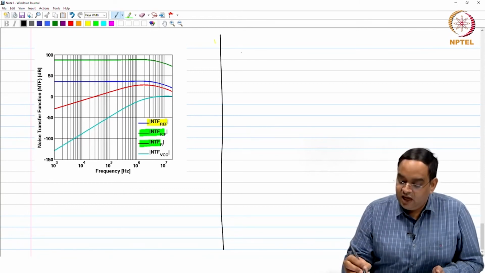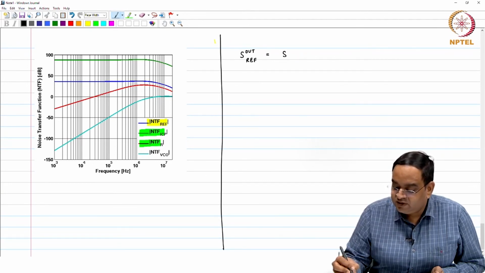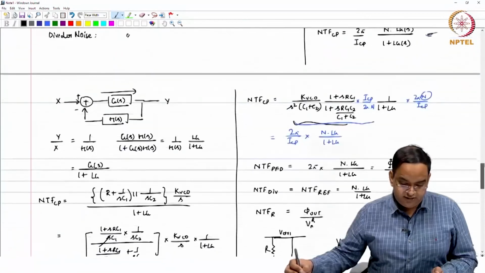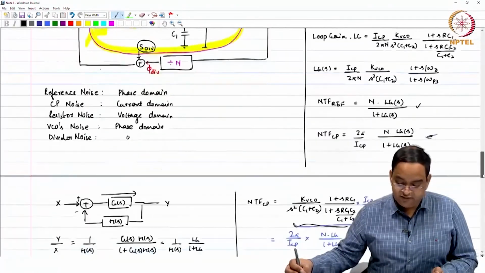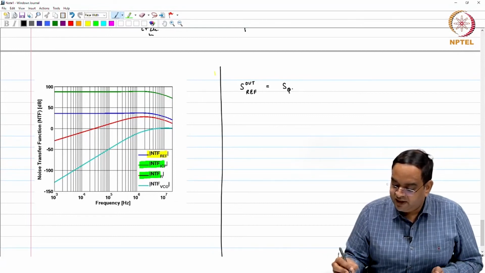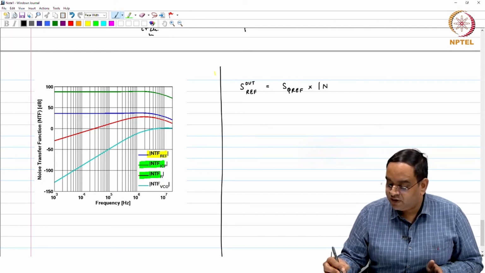So, the output noise S out due to the reference noise is going to be the noise spectral density of the reference noise source, which was S phi ref in our example. Let us just look at it, S phi ref, this was the noise source which we have, and this gets multiplied by the noise transfer function of the reference.